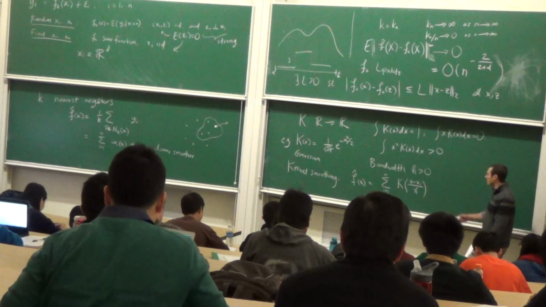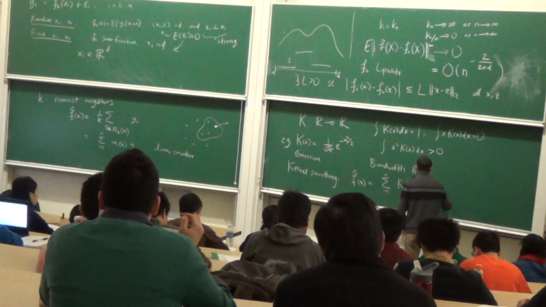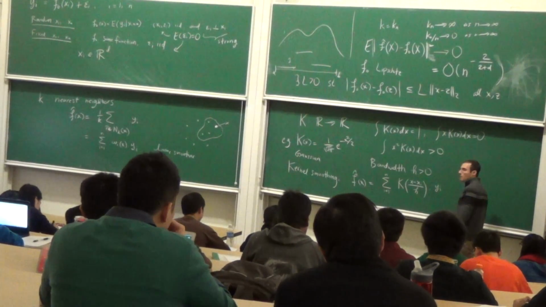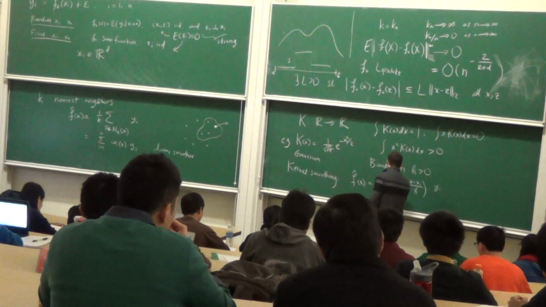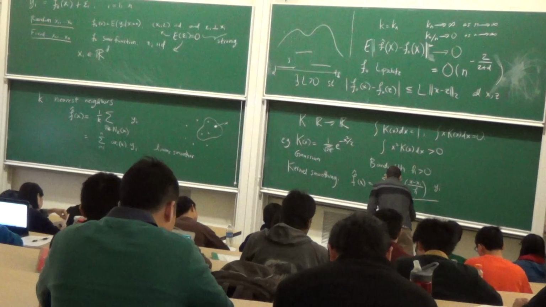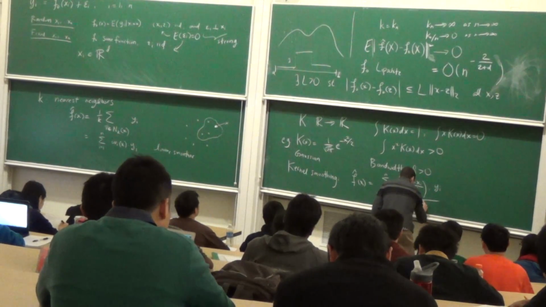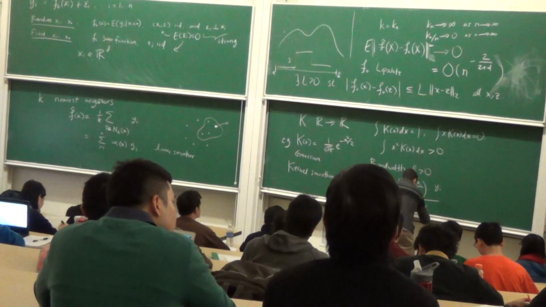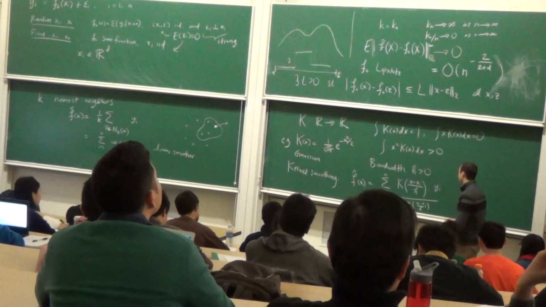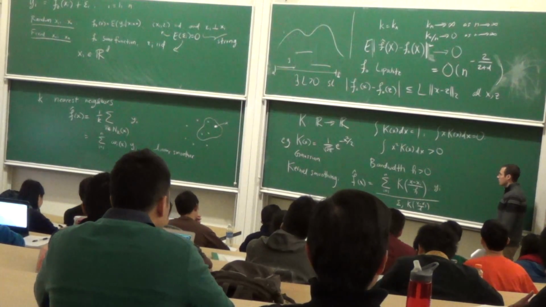I'll draw a picture in a second. Times yi, and I just want to normalize by dividing by the sum over all j of K of (x minus xj) over h. That's the kernel smoothing estimator.